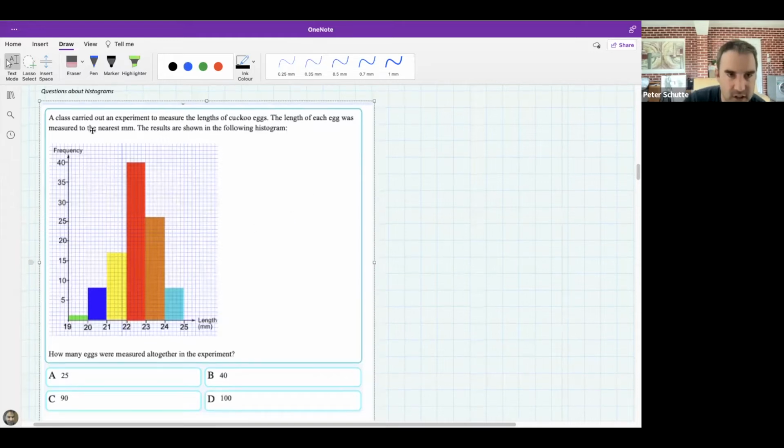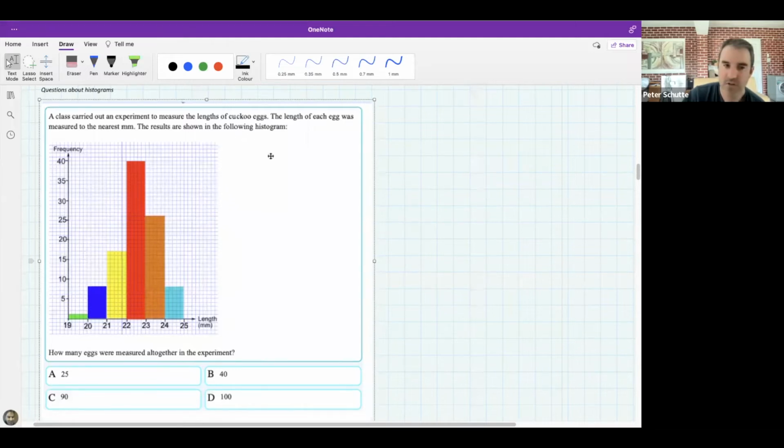It says here, a class carried out an experiment to measure the lengths of cuckoo eggs. The length of each egg was measured to the nearest millimeter. The results are shown in the following histogram. So if the length was 19.3, it would be in that column.